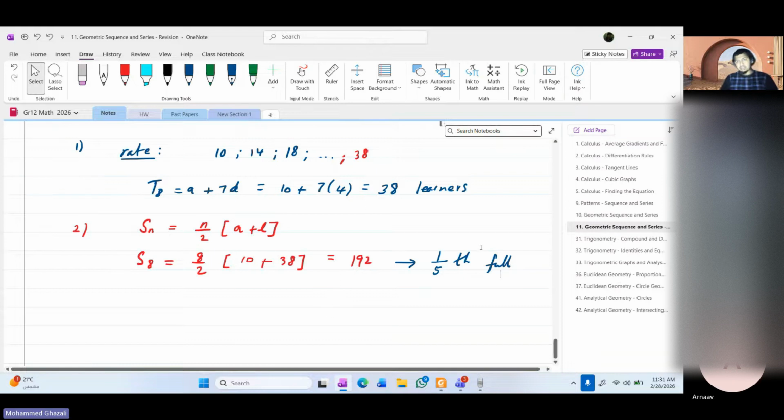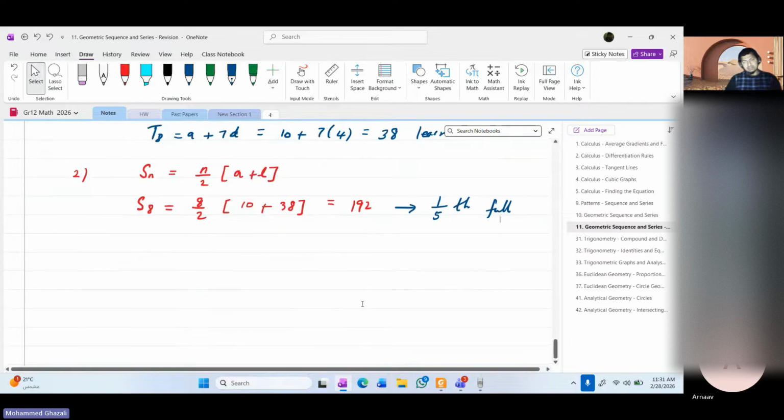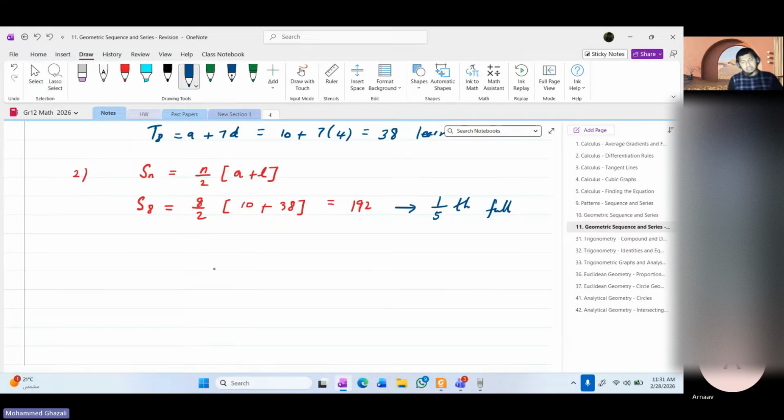So what is full capacity? It's just going to be 5 times 192. You can use ratios like this, but you don't need to use ratios.